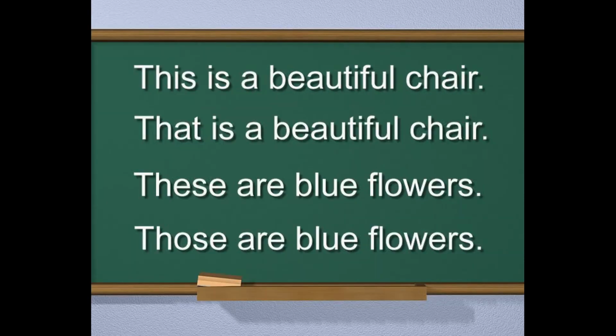Now, let's see what happens when they are not followed by nouns. This is a beautiful chair. That is a beautiful chair. These are blue flowers. Those are blue flowers. No noun follows this, that, these and those in the above examples.